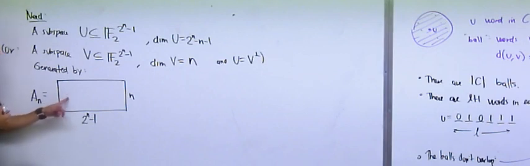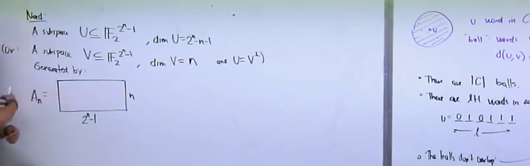Now, if this matrix generates an n-dimensional space, then what can you tell me about it? The rows are linearly independent. Right. And n of the columns are linearly independent.